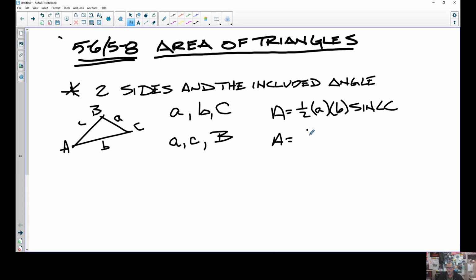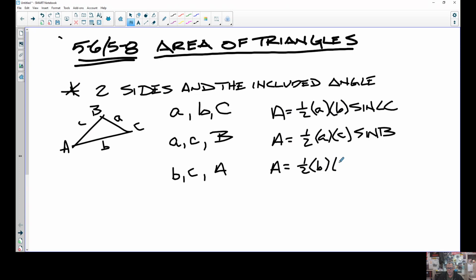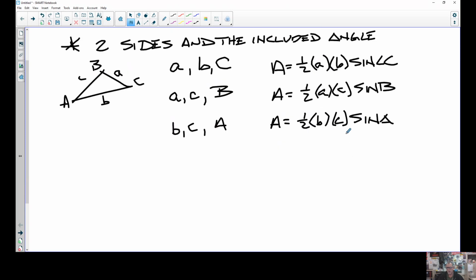So area is 1/2 AC sine B. And finally, we could have BC as our sides, and that would mean angle A. And then area would equal 1/2 BC sine A. So that's one situation. Two sides and an included angle, we use this: 1/2 times the two sides times the sine of the angle.